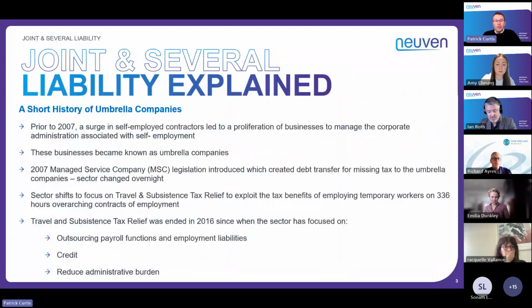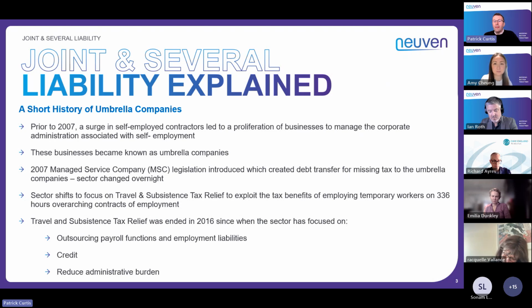So if I talk a little bit about umbrella companies, around 2007, there was a surge in self-employed contractors. That was driven by tax efficiencies in the noughties of being self-employed rather than employed.